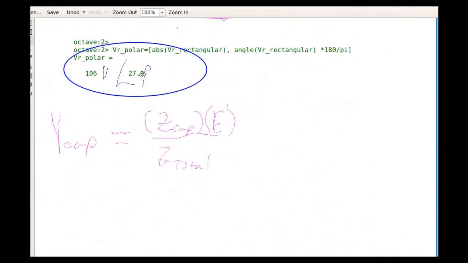So Z total is the same as it was up above, which is the 6.8K minus J 3.6K. But now here we have to put the minus J 3.6K in the numerator. And, of course, our voltage hasn't changed. So it's still 120 volts at an angle of 0 degrees.